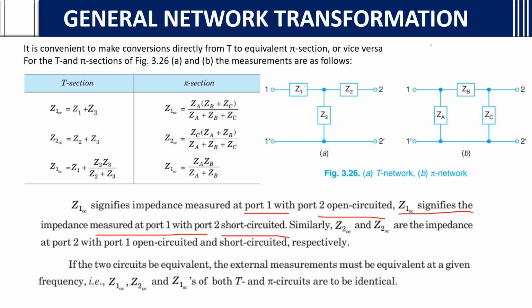In the same way, Z1 SC can be written, and Z2 SC also can be written for the T section and the pi section. What should we do then? We will short circuit here. If you want Z2 SC, for example, then what will we do?